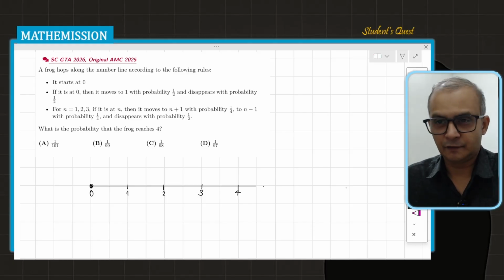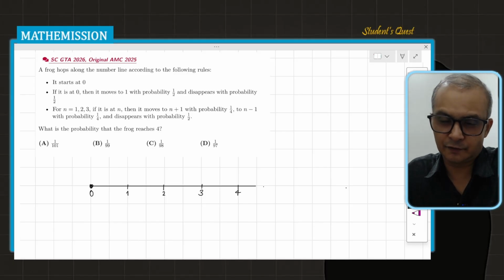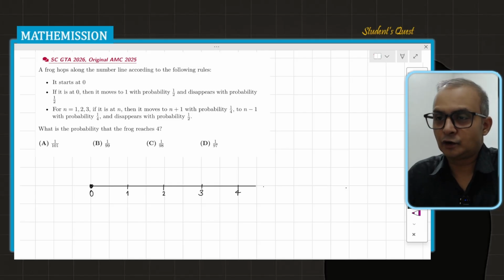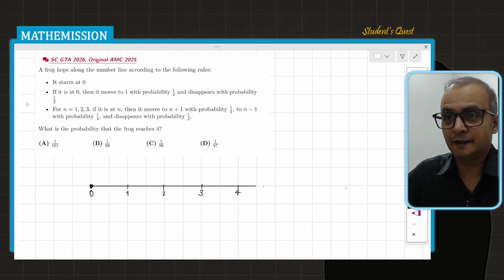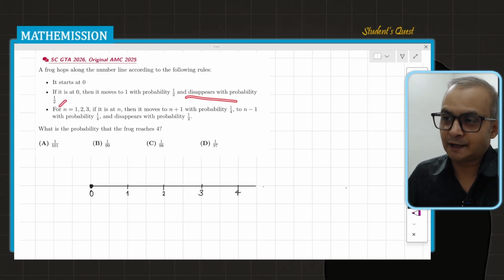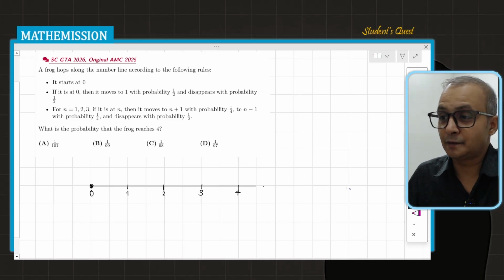So in this situation, we have to use a different kind of approach, and that approach is recursion. By the way, there's one thing given, that it disappears with probability half. Now suppose I ask you that the frog disappears in the middle. Is there any chance that it will reach 4? Of course not. And what is the meaning of disappears?